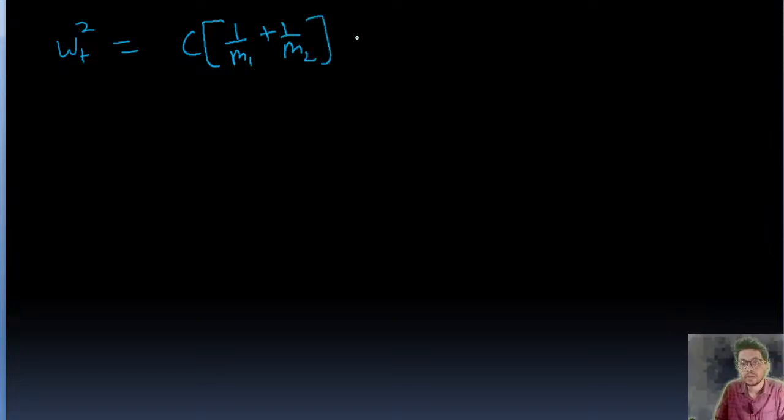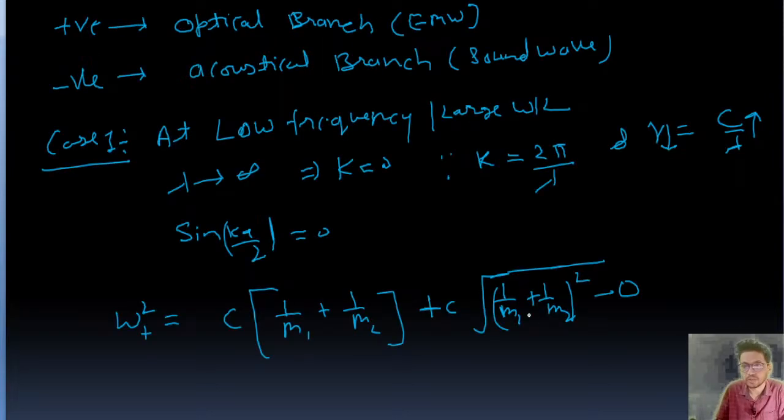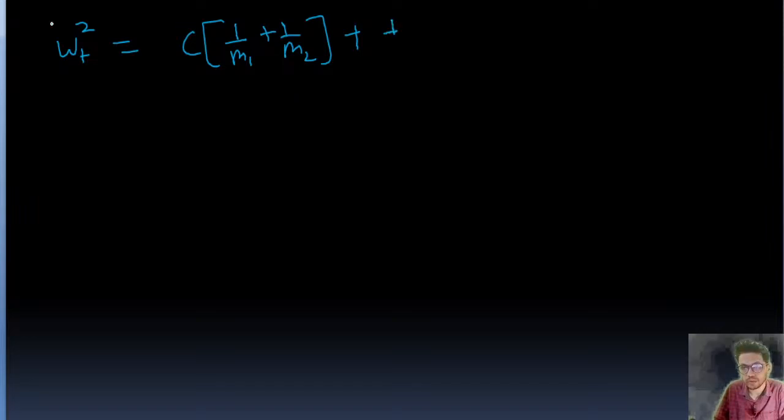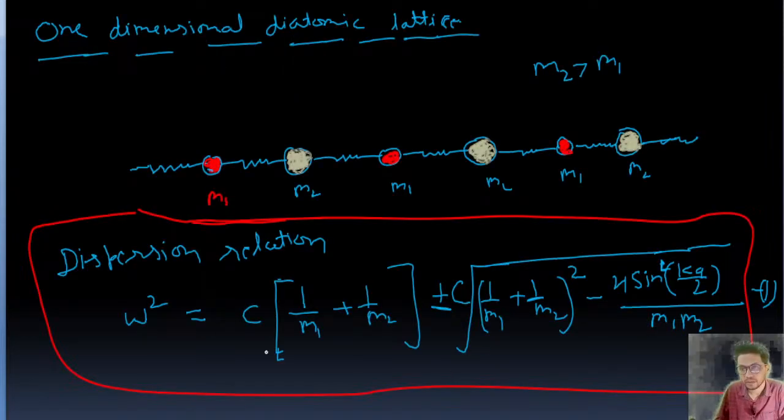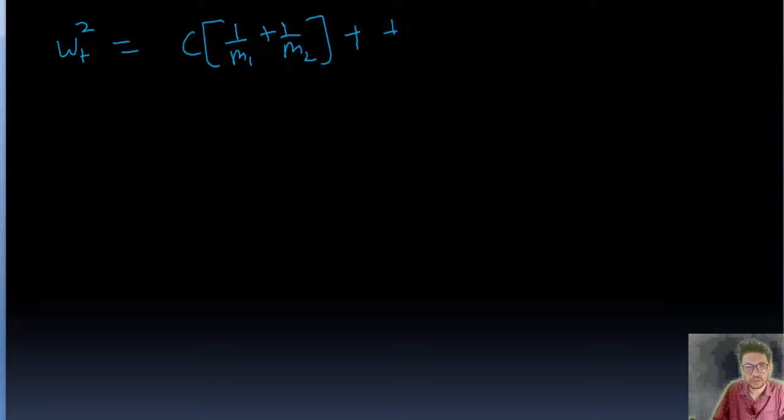So omega plus square is going to be c into 1 upon m1 plus 1 upon m2, plus this root value, which is c into 1 upon m1 plus 1 upon m2.